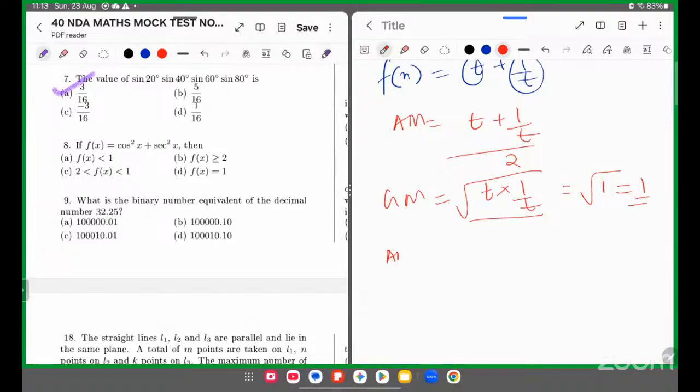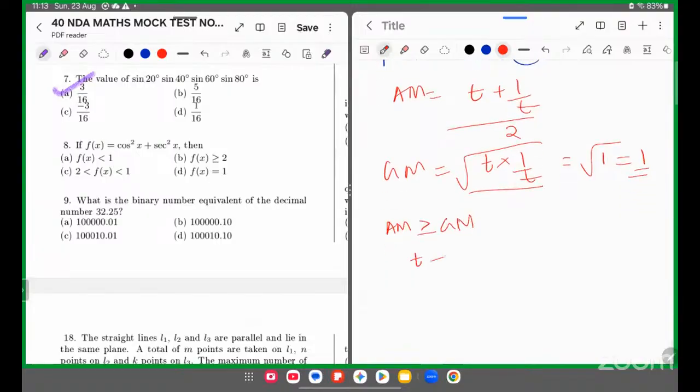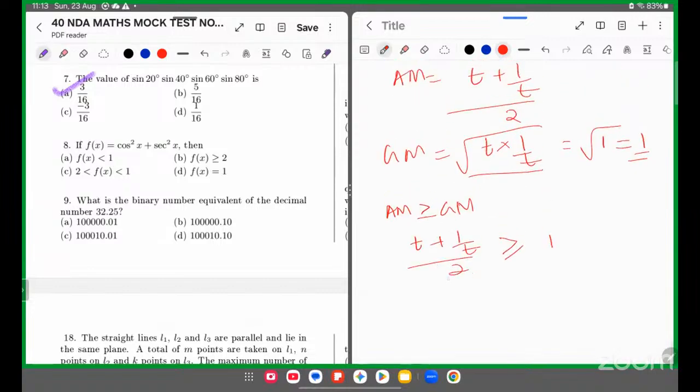We know that the arithmetic mean is always greater than the geometric mean. So t plus 1 by t by 2 is always greater than or equal to the geometric mean, which is 1. So I can say that t plus 1 by t is always greater than or equal to 2, so f of x is always greater than or equal to 2.